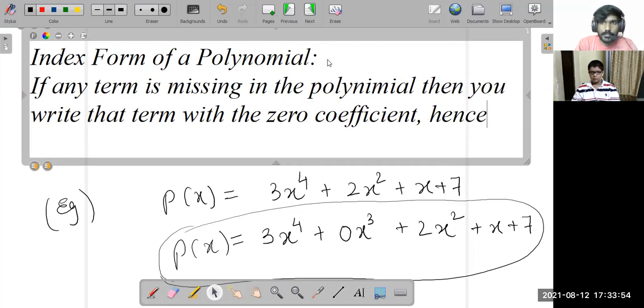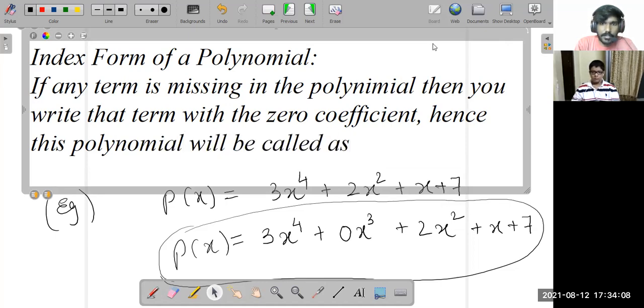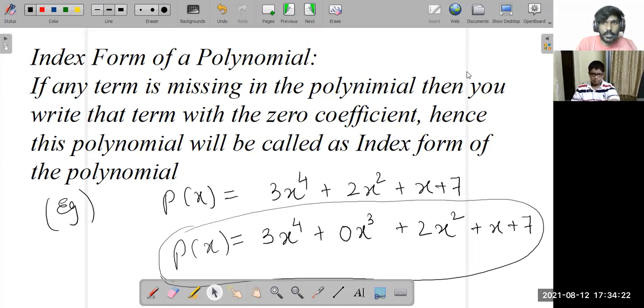Hence, this polynomial will be called the index form of the polynomial. Clear? Index form. Write it down, and write down the example also.